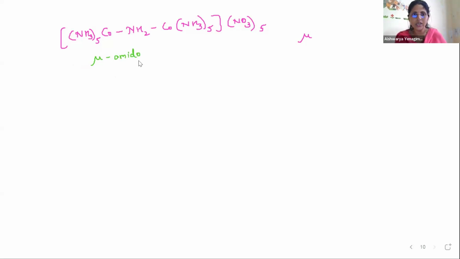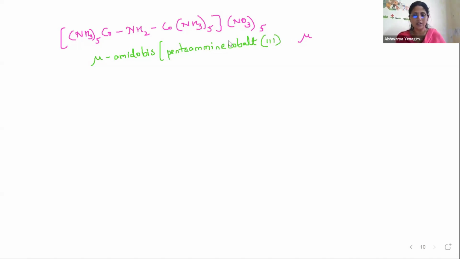And how many bridges are there? Two. How many are attached? Two. Therefore, I'll write bis, in brackets. How many NH3 are there? 5. So pentaammine. Which is the central metal atom? It is cobalt. The charge carried by it is 3.